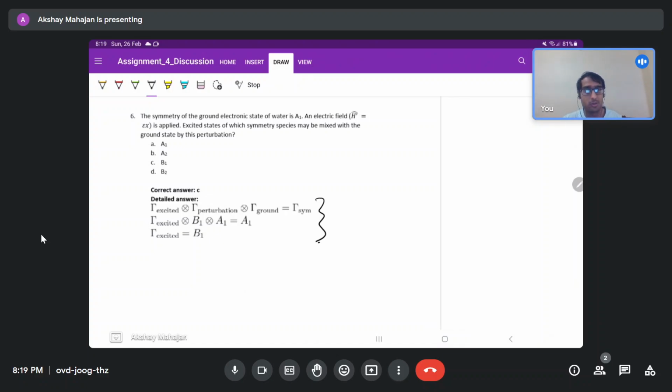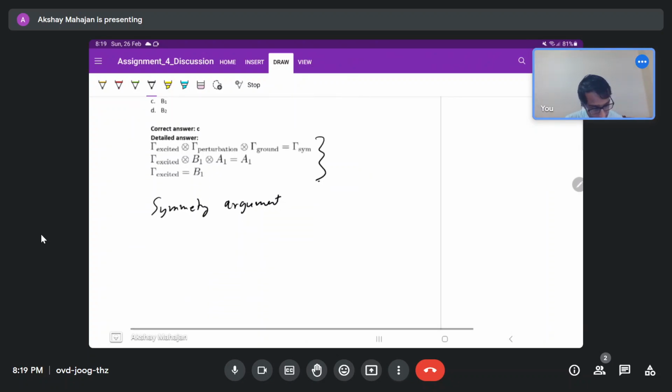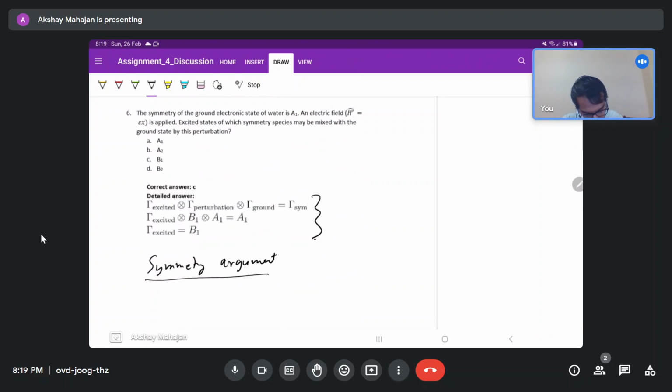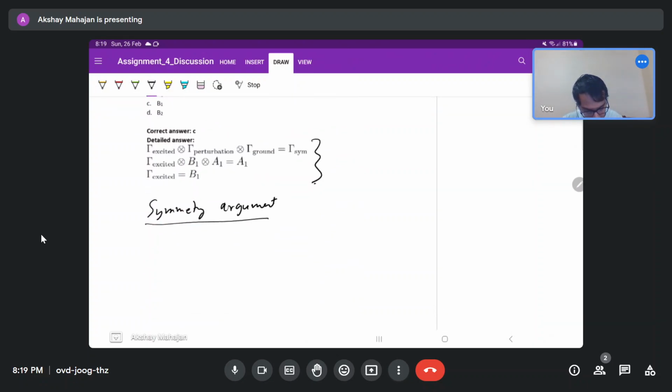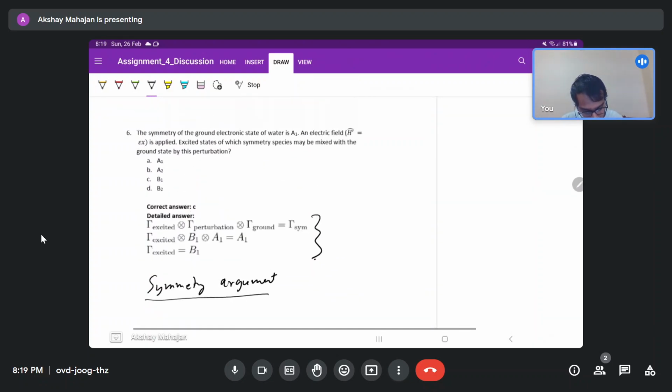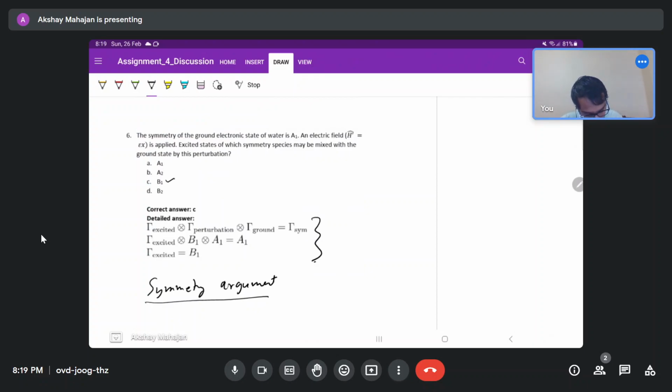It is similar to the symmetry argument that was given in the class. You can check it, and the solution is correct. The solution is easy, so it will be B1.